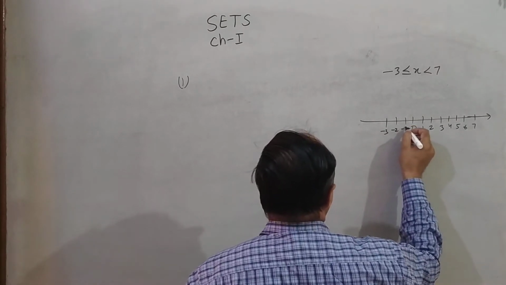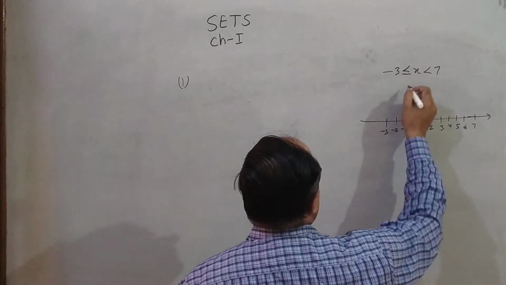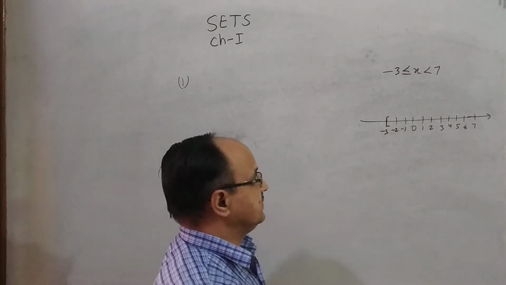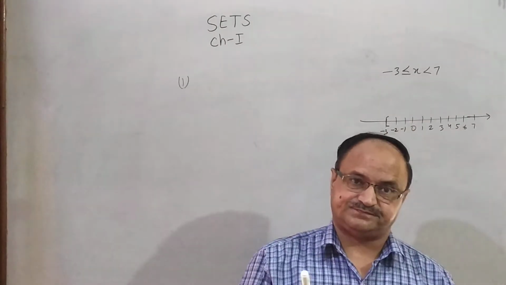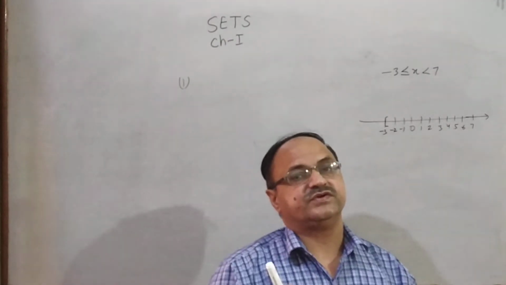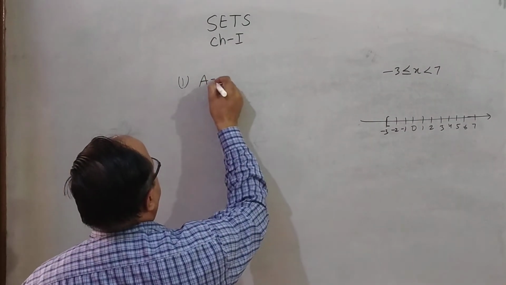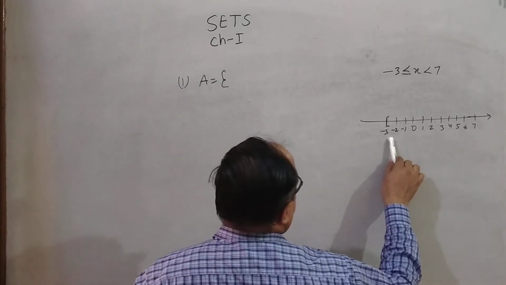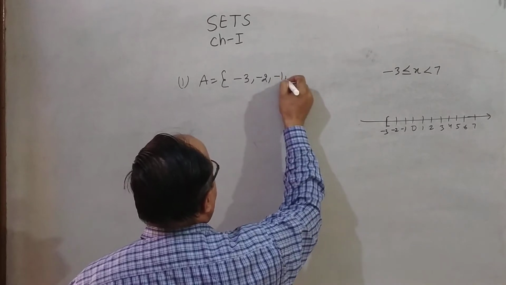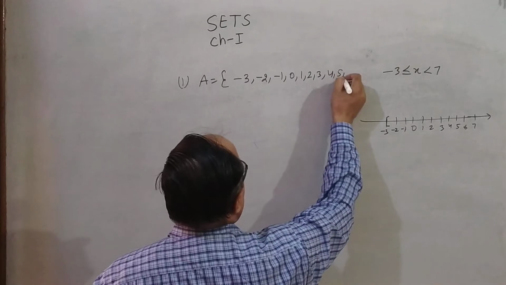Now can you tell me, minus 3 less than or equal to x, it means minus 3 is included. X less than 7, it means 7 is not included. Now tell me the answer. You know that minus 3, minus 2, minus 1, 0, 1, 2, 3, 4, 5, 6.